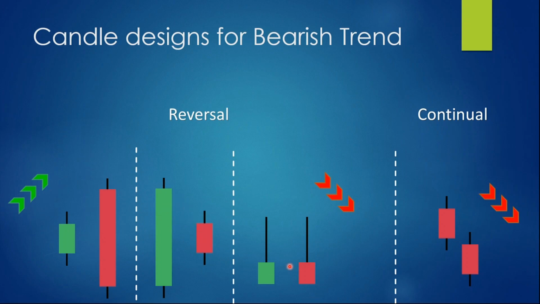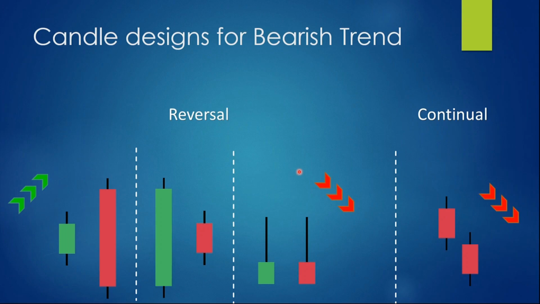The third one is bearish tweezers. And these three create after a set of bullish candles and give a turn for the bearish candle design. The fourth one is kicker. It gives a continuous signal to go ahead with the same candle design, the bearish candle design.